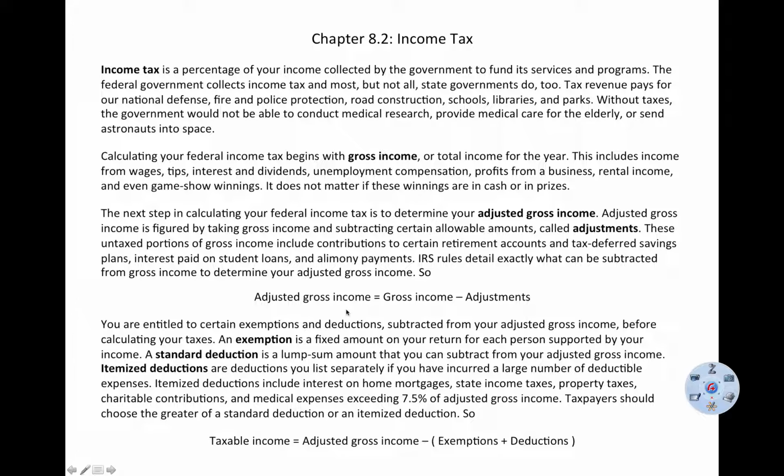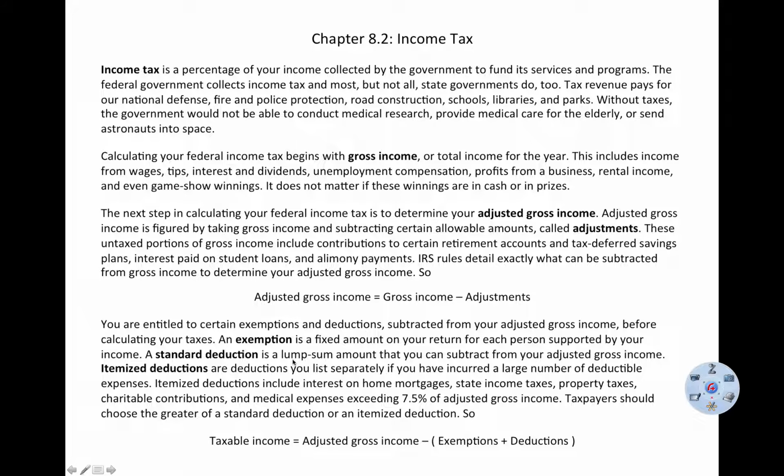Now, you're entitled to certain exemptions and deductions subtracted from your gross income before calculating your taxes. An exemption is a fixed amount on your return for each person supported by your income. A standard deduction is a lump sum amount that you can subtract from your adjusted gross income.